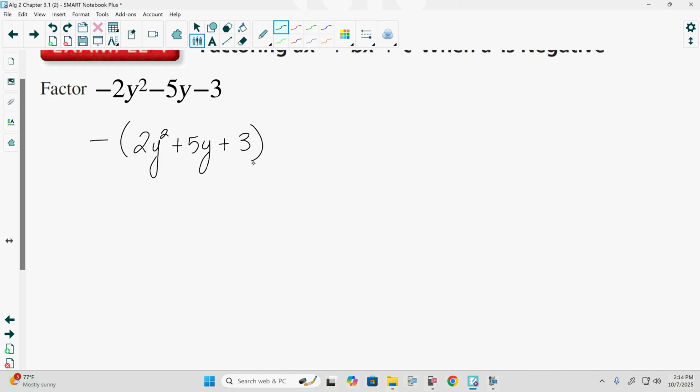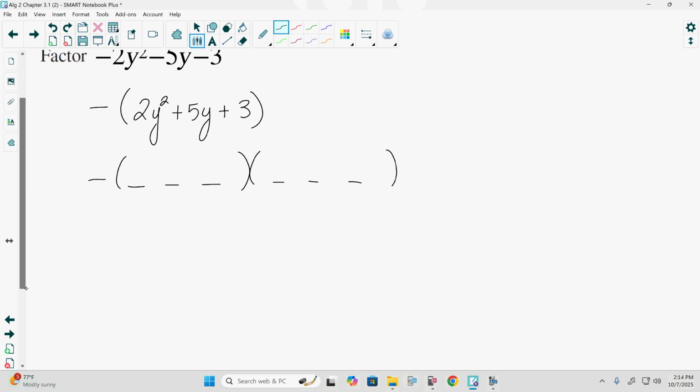When we factor the negative out of negative 5y, we get positive 5y. And when we factor the negative out of negative 3, we get positive 3. So we get this here. Now we can move on to our two sets of parentheses with 3 spaces.